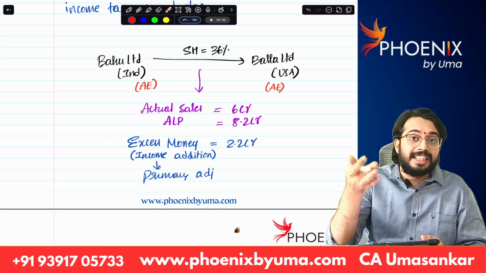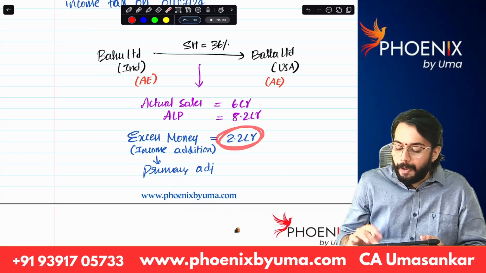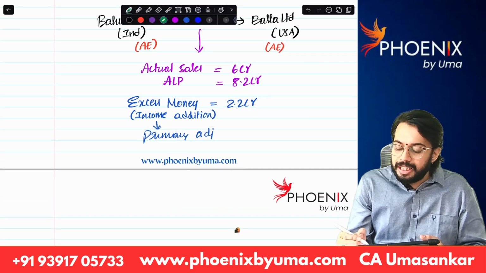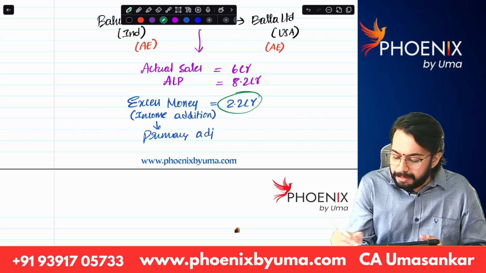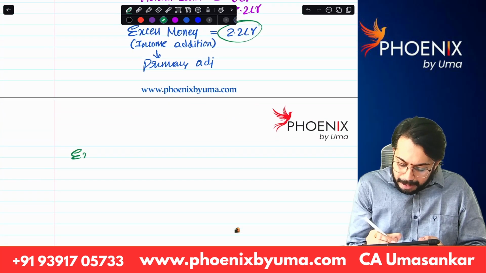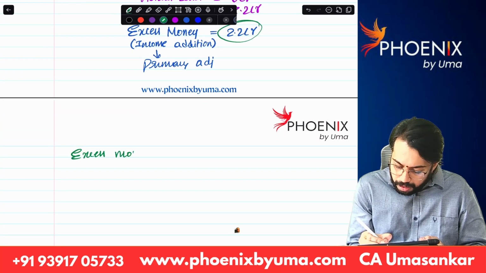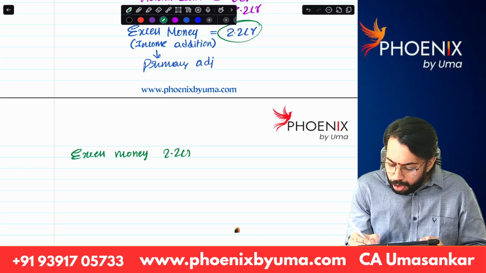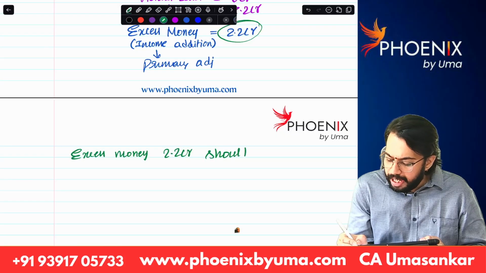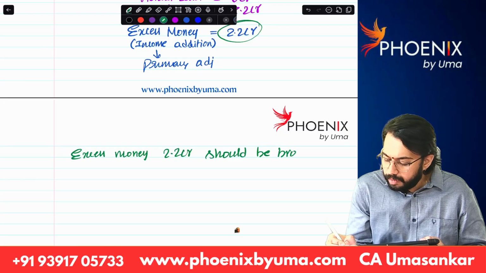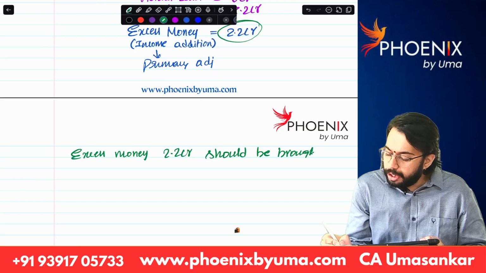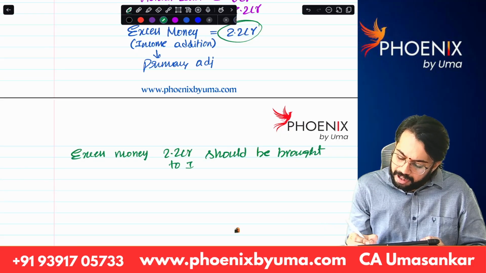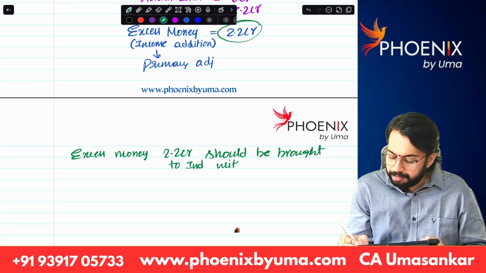So how much is the excess money? Excess money is 2.2 crores. 2.2 crores is the primary adjustment, correct? Now this excess money of 2.2 crores should be brought to India within 90 days.